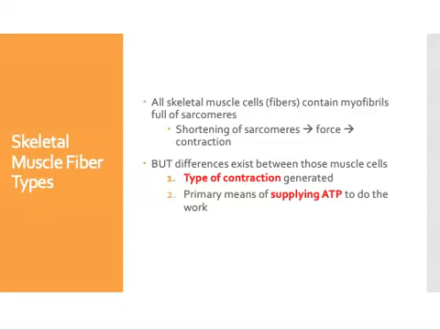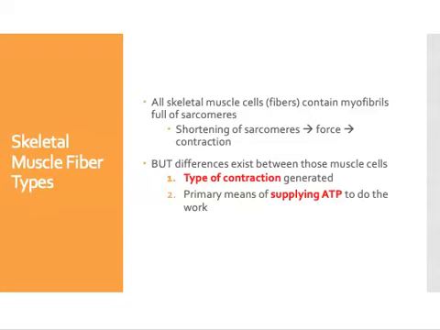But it turns out that if you go into a muscle and you go down through the fascicles and into the different types of muscle fibers, different muscle cells, different muscle fibers, can generate a different type of contraction. So there are different types of muscle fibers.